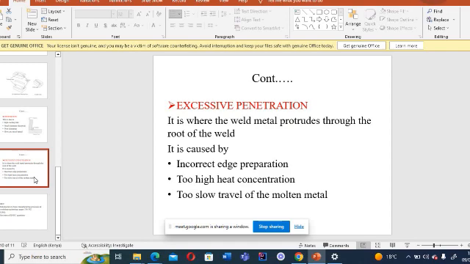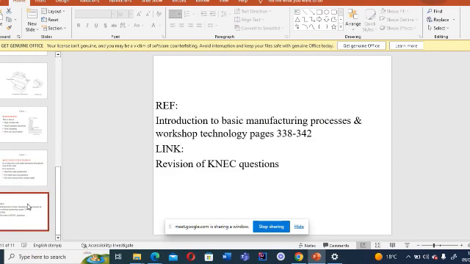The third is too slow travel of the molten metal. To find all these defects, you can find them in this book called Introduction to Basic Manufacturing Processes, Workshop Technology, and also NECTA papers.